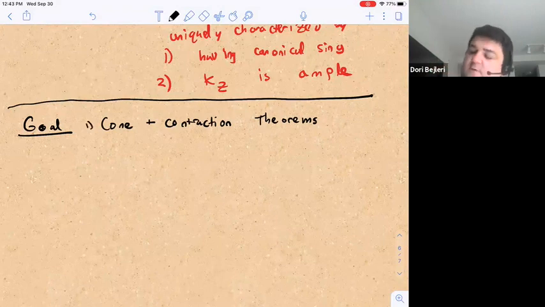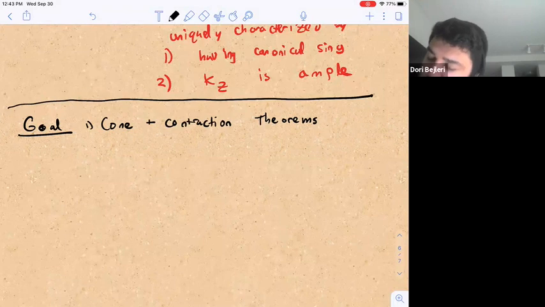For the cone theorem, we're going to give two different proofs. One of them works only in the smooth case, but as soon as we try to actually run the minimal model program in higher dimensions, we're going to get singularities. So then we need to actually prove it in the singular case as well.